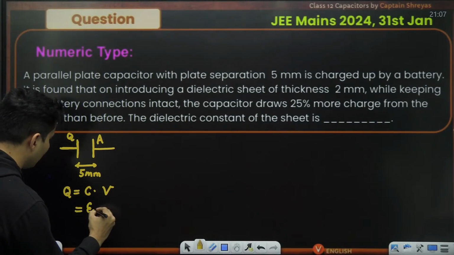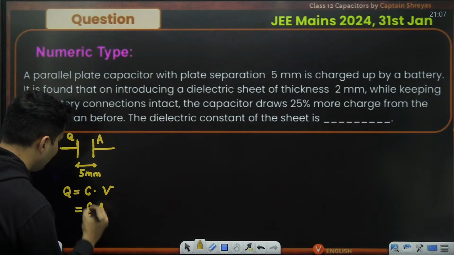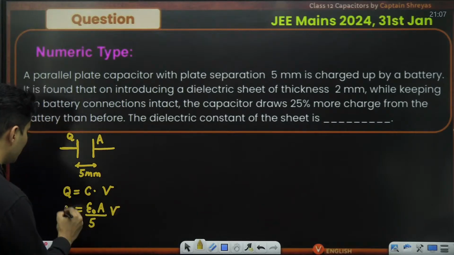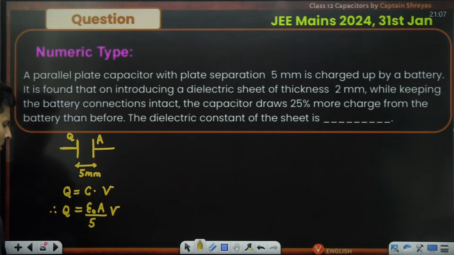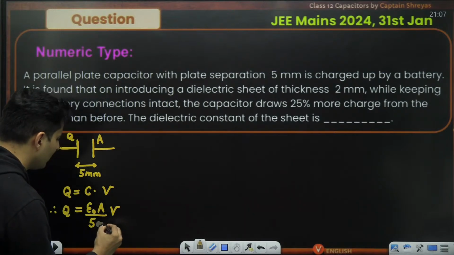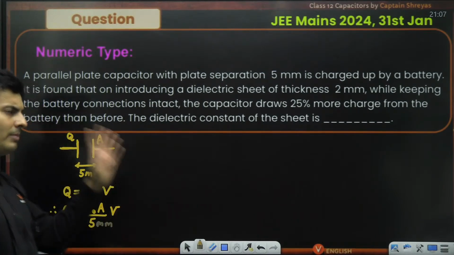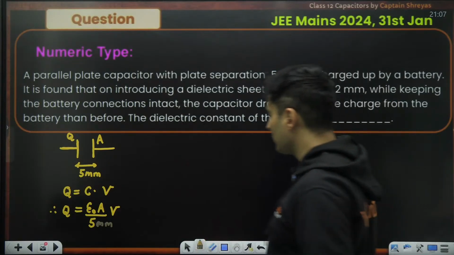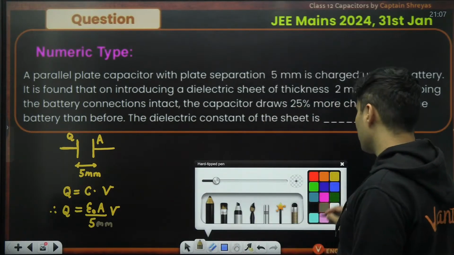Capacitance is epsilon naught A divided by d, where d is 5 millimeters. Let's keep the units in millimeters and not change them throughout the problem. If I have to use this formula again, I will keep it in millimeters only. I can choose my units as long as I maintain consistency.